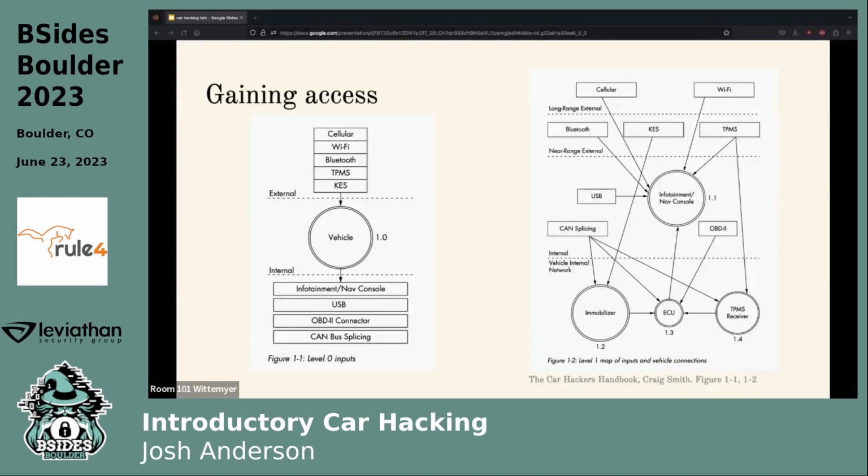Let's go back to this guy. So splicing into the CAN bus, if you get under the car with an angle grinder, all bets are off. You're going to be able to find wires, and then your hardest bit is going to be trying to identify which of those wires are the CAN bus. If you can sit under there with a multimeter for long enough, you'll definitely be able to find access.